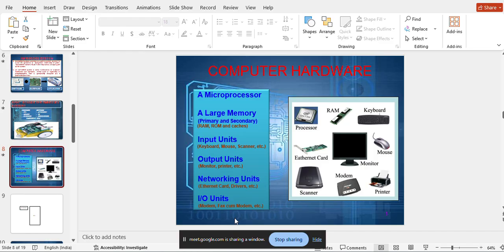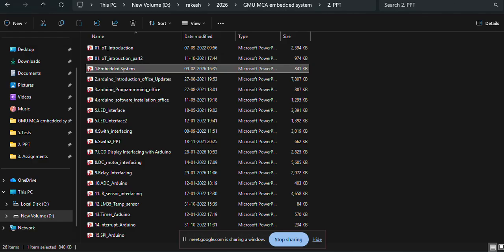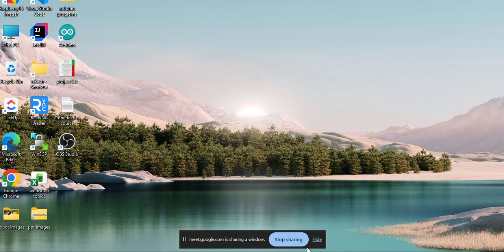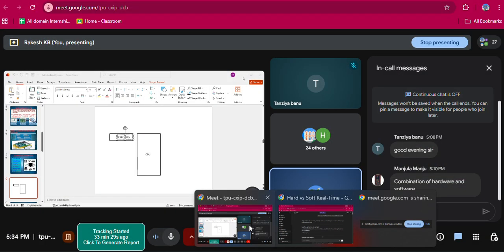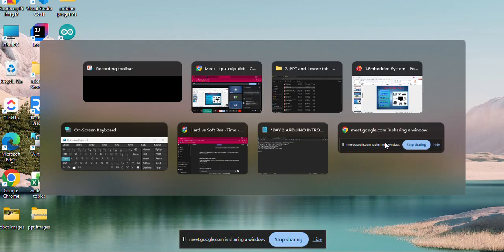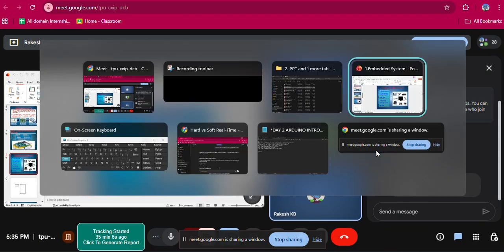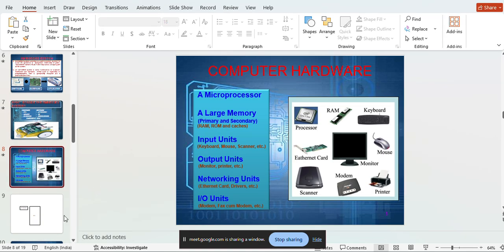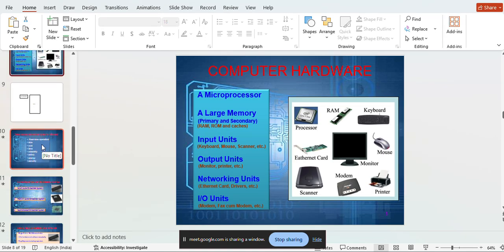These are the devices which are interfaced with the CPU. Done. So these are some examples of a computer with input and output devices.